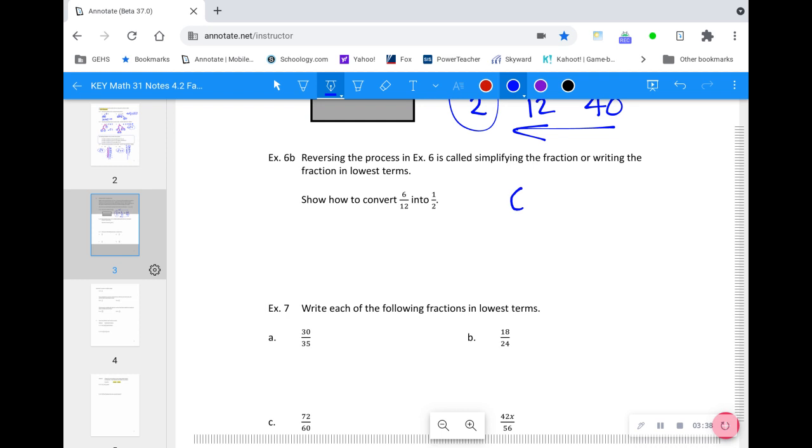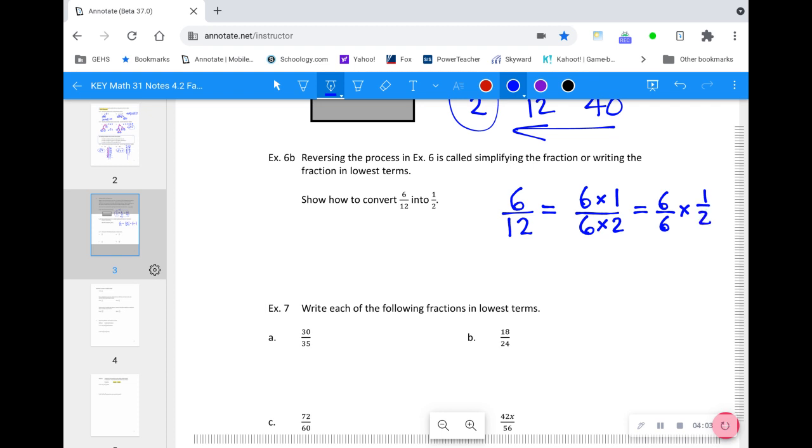You're going to take 6/12, and write it with the biggest factor that is common to the top and the bottom. These are both multiples of 6. And then you're going to write it as 6/6 times 1/2.